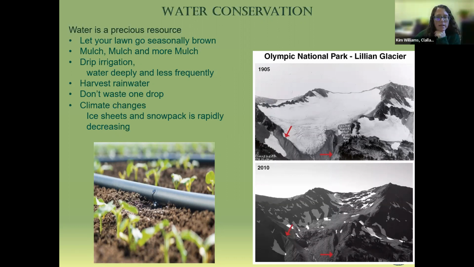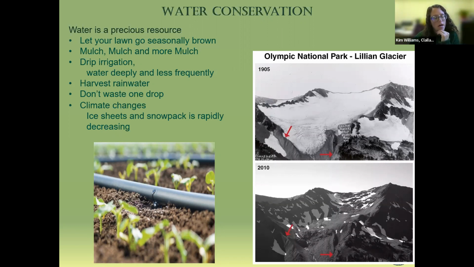And I love this picture here. I got this picture of the glaciers off of the Olympic National Park website. And this is one of the glaciers, Lillian Glacier. And it shows over 90 years how much it has disappeared. And our glaciers are our water storage system, nature's water storage system, one of them, and they're disappearing.